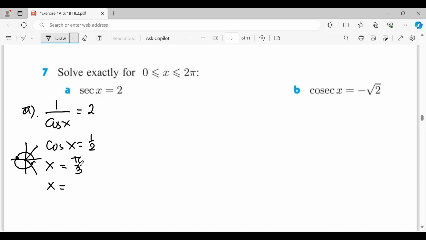So it means x equals π/3, and then 2π minus π/3. So it becomes 6 minus 1, 5/3 π.